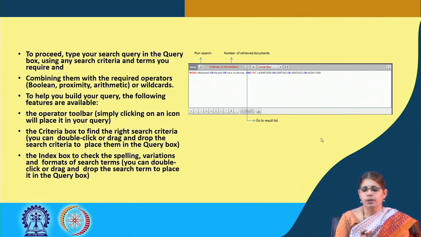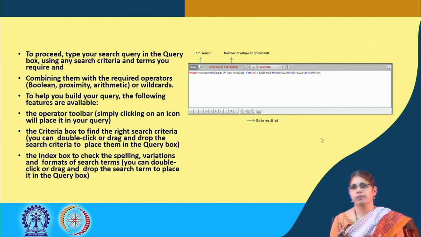So there are different search criteria that can be adopted, and a combination of the Boolean operators that we discussed in some of the earlier lectures can be very effectively utilized here to build the query. So this can be a very good way of generating different queries and understanding the relation between the search terms vis-a-vis the context of where the search term is being used.